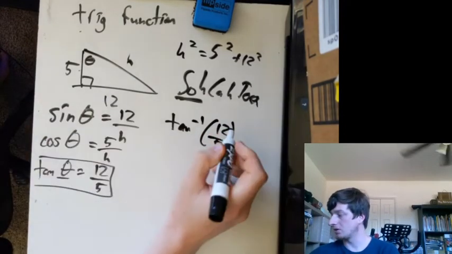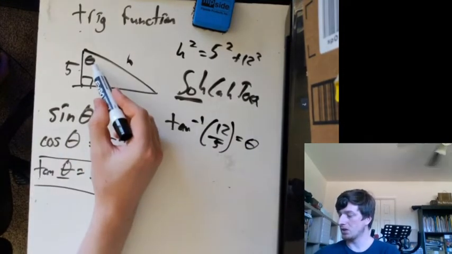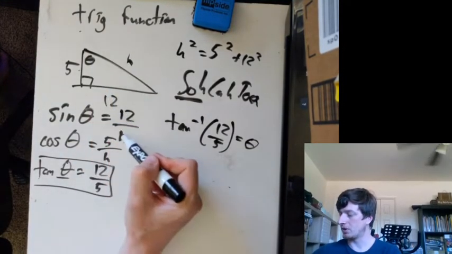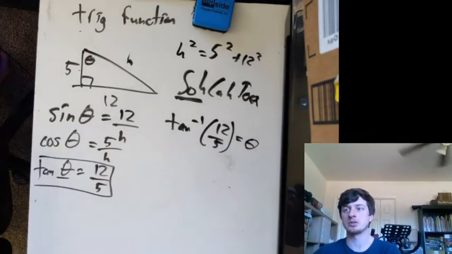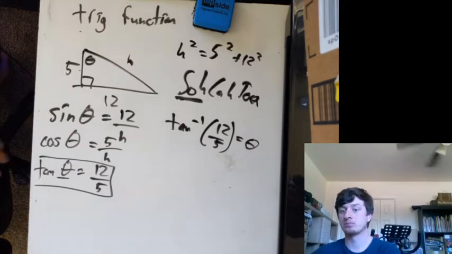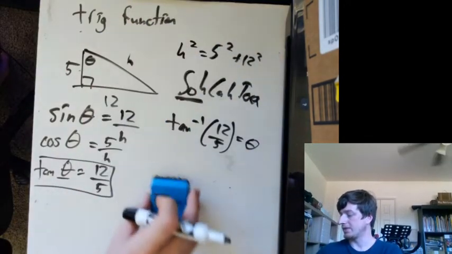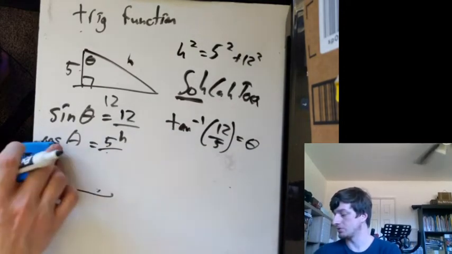And that would give us theta. I don't really want to get into that quite yet. But we take the ratios, we look at the angle, we do opposite over hypotenuse, adjacent over hypotenuse. This is how we set up our fractions. I think in the book they solve for whatever the hypotenuse is. Okay. So that's sine, cosine, tangent for that triangle, those ratios.